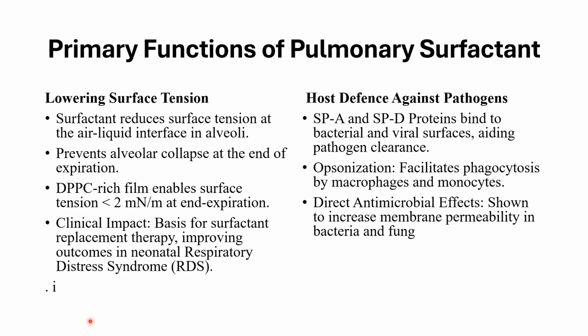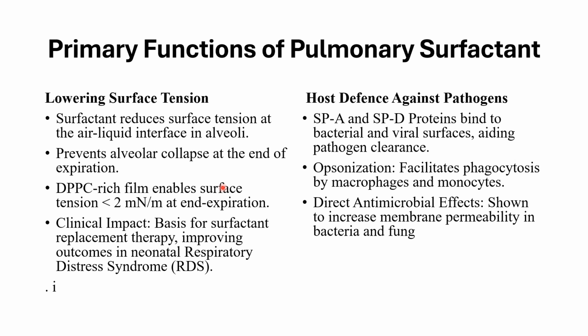So what are the primary functions of pulmonary surfactant? We said there are two main functions: to lower the surface tension, and the proteins play a host defense role against pathogens. Usually when we think about the lung tissue, the surfactant helps us to reduce the surface tension at the air-liquid interface in the alveoli, and so this prevents collapse at the end of expiration.